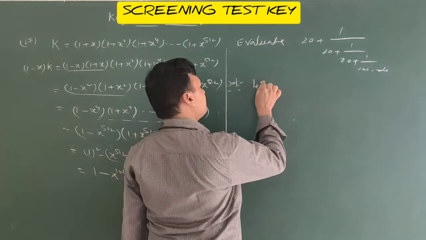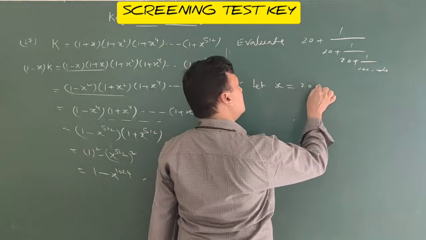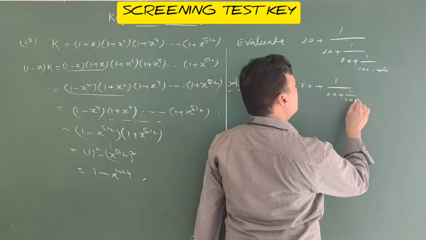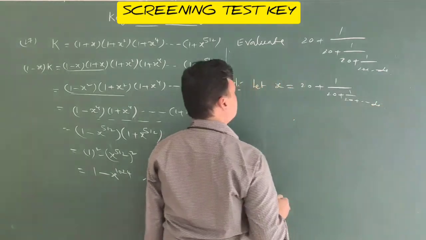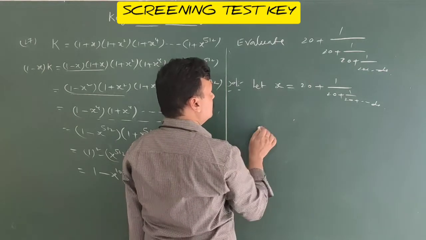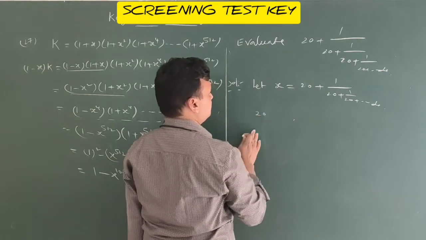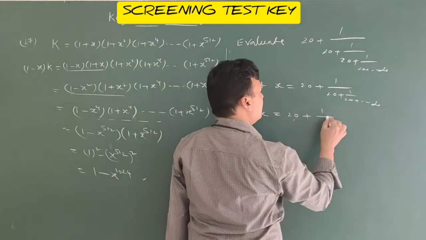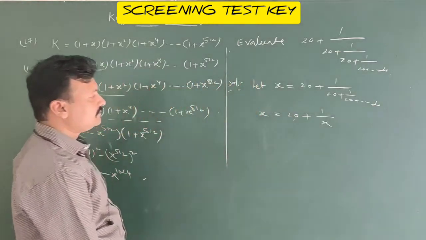Let x equal to 20 plus 1 by 20 plus 1 by 20 plus and so on to infinite. So here the given value, 20 plus x, equals 20 plus 1 by x.